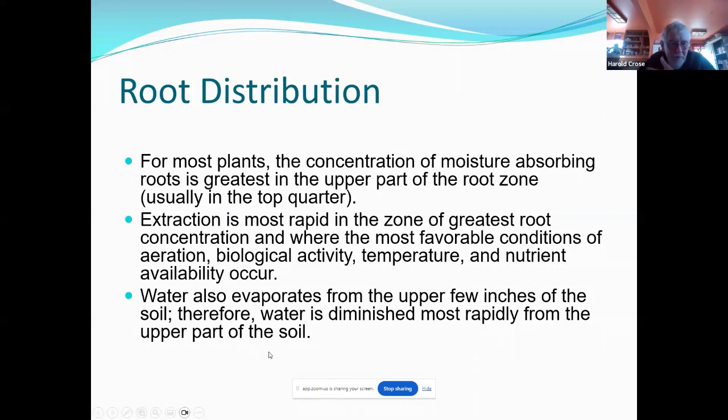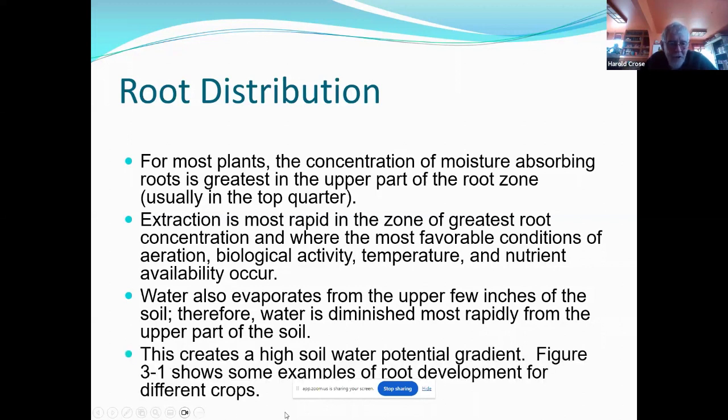We're talking about designing systems here where the soil, the water, the animal, the plant all come into play, and they have to work in unison, and they have to work together to get the most positive results. And this creates a high soil water potential gradient. Figure 1 throws some examples of root development for different crops.